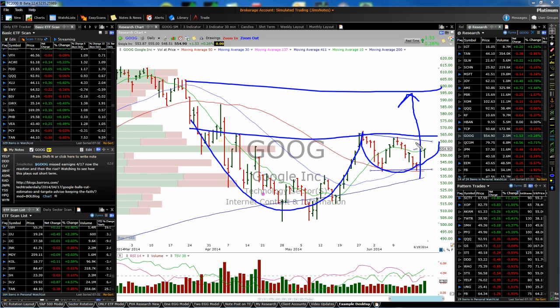If they poop out on me, I'm willing to take the shorter profit. But if they run, then I'm in for the run. And if those call contracts run to 605 from a 550 entry, that's $55. We're going to capture a little more than half of that on the run. So it's going to be a $30 profit on 10 contracts, which is $30,000. So it's 100% return on investment.